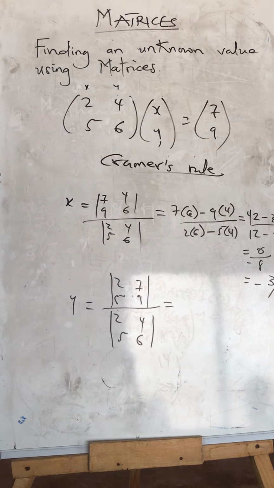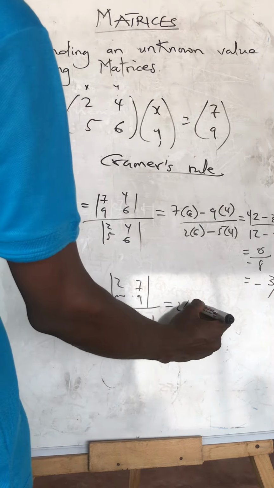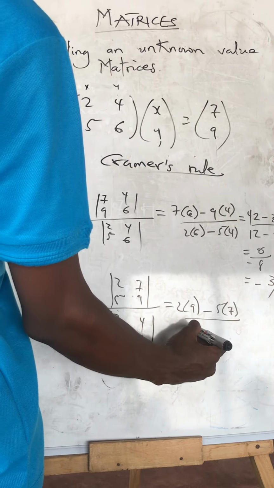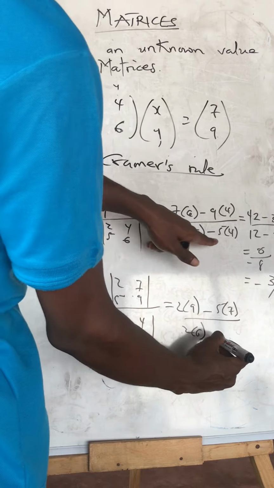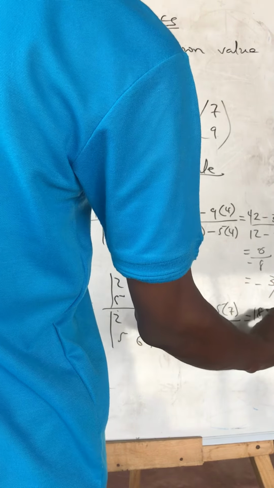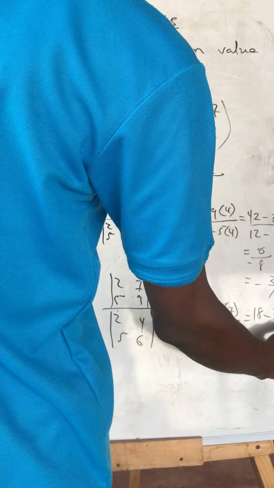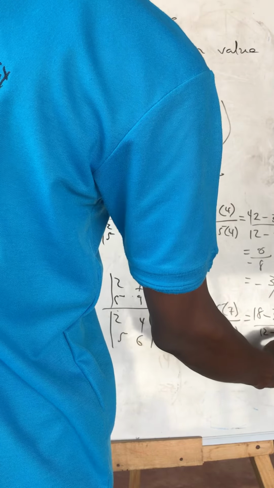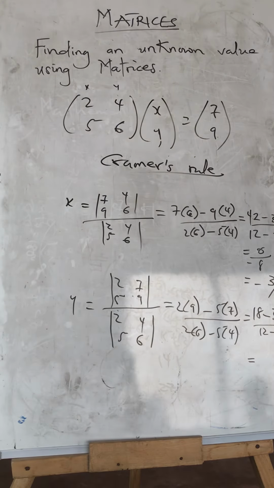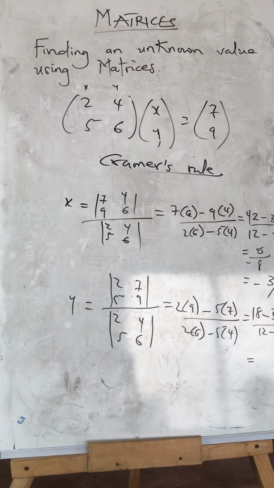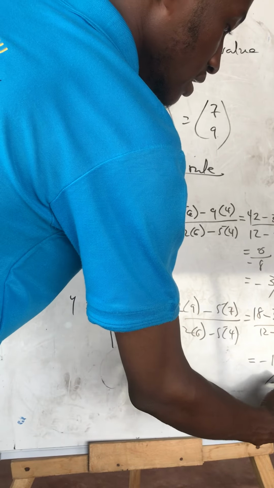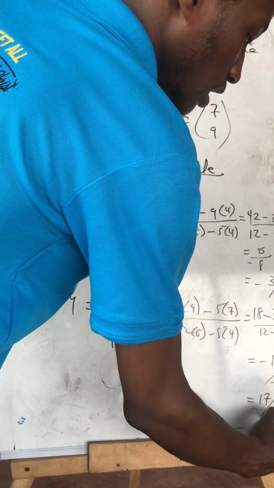So that will be equal to 2 times 9 minus 5 times 7, divided by 2 times 6 minus 5 times 4. 2 times 9 is 18, and 5 times 7 is 35, divided by 12 minus 20. So 18 minus 35 gives me minus 17. Minus 17 over minus 8, I have 17 over 8.